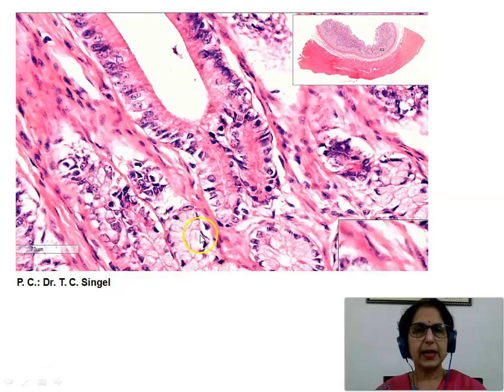And as I've said earlier, these cells secrete mucus, and that is what gets washed away during the tissue preparation for H&E staining, and that's the reason why the cells appear empty.